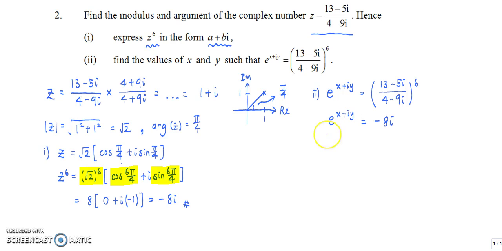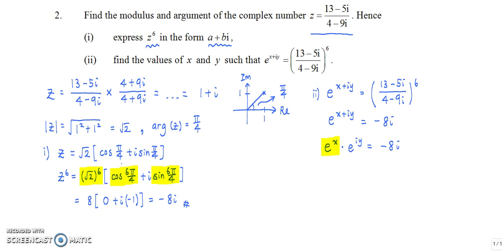If you study these equations carefully, you can apply laws of indices to break up the power to become e to the power x multiplied by e to the power of iy, and it equals to negative 8i. Because x is a real value, e to the power of x can never be a negative value. It has to be something positive.